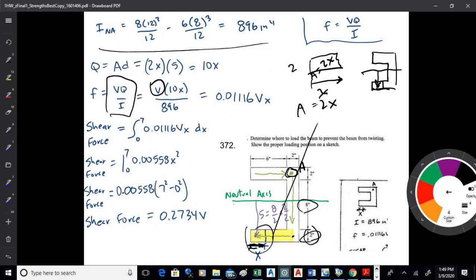So the distance is 5. So what I get there for Q is the area, which is 2x, times the distance, which is 5. That's 10x. Okay. So I'm going to take V times Q over I, and I get 0.01116 times whatever the shear is. And then times x.